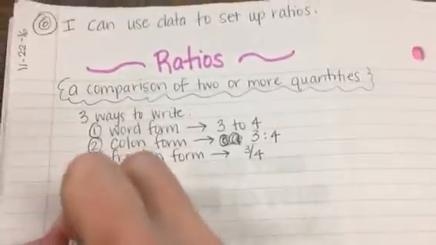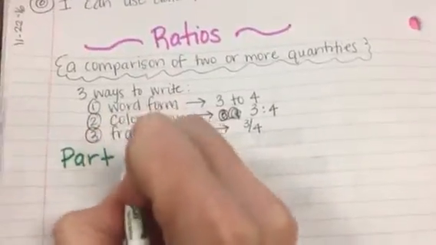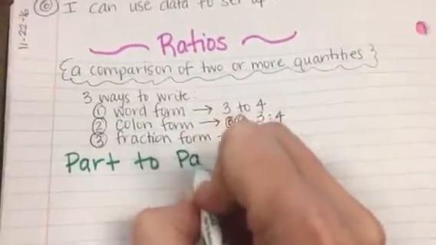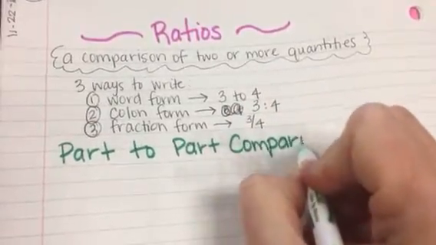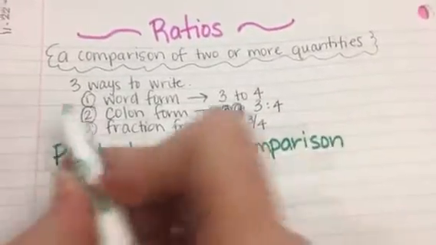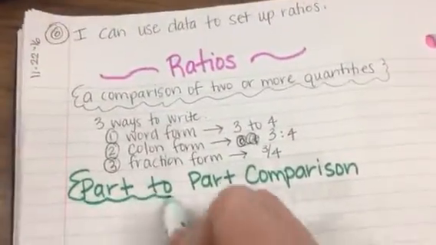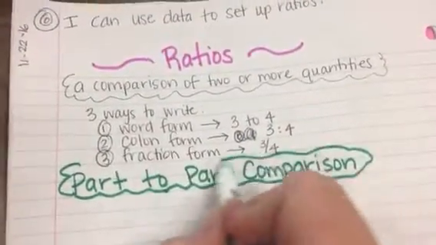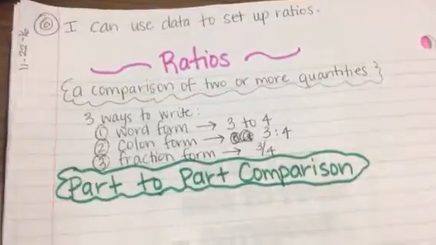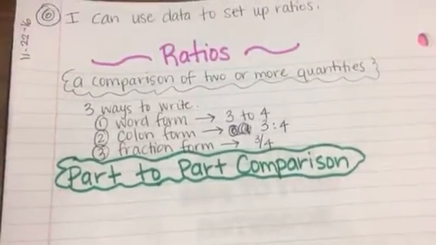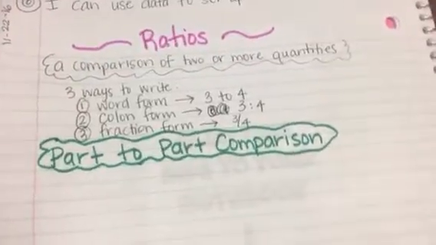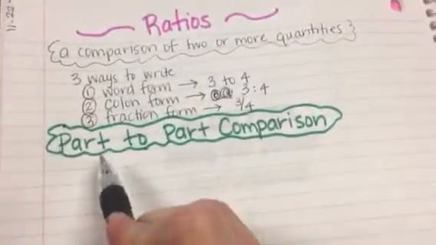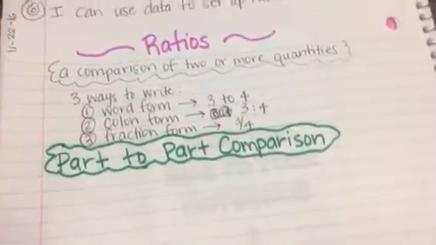The first type of comparison that I can make is called a part-to-part comparison. You will see that I'm using one of my colored pencils or markers, whatever you chose to use. If I said I want you to compare one part to another part, that means we're not comparing one thing to the whole group.